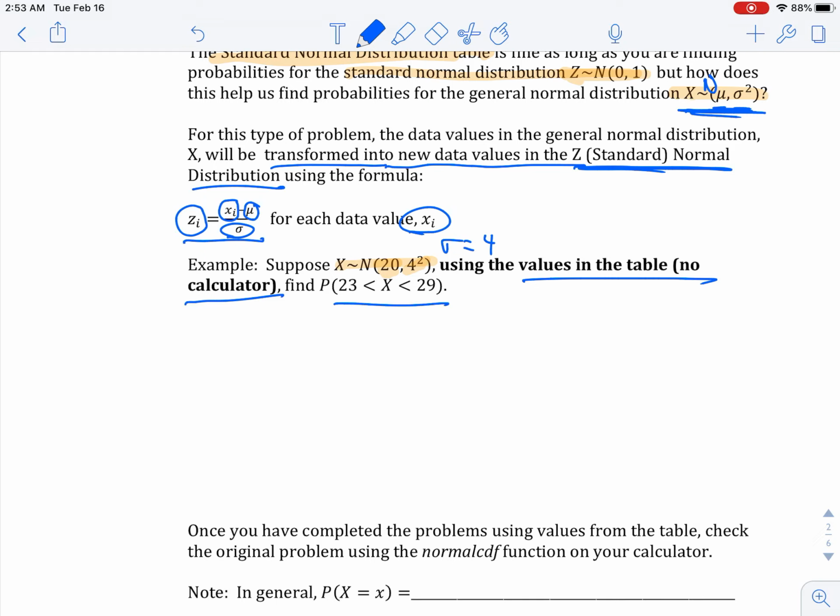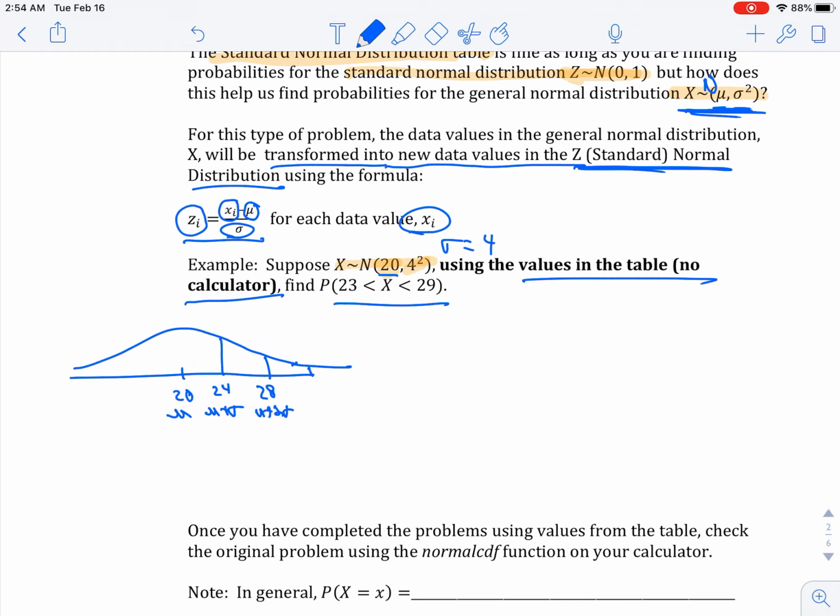What that might look like is, if this is my normal curve, we know that the mean is 20, so 20 would be right here in the middle, and our standard deviation is 4. So this would be 24, one standard deviation, so this is mu plus sigma. This would be 28, the next one, mu plus 2 sigma.